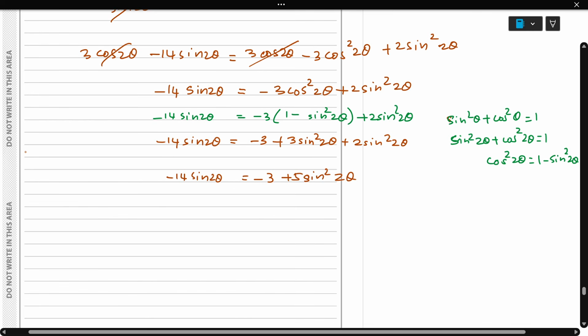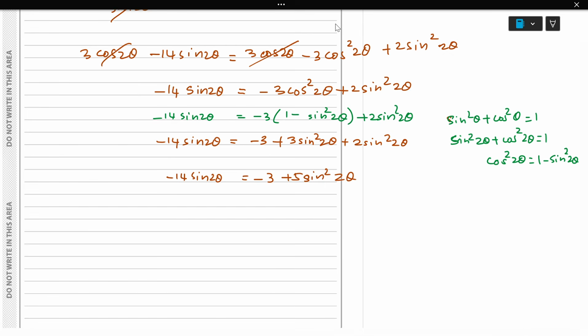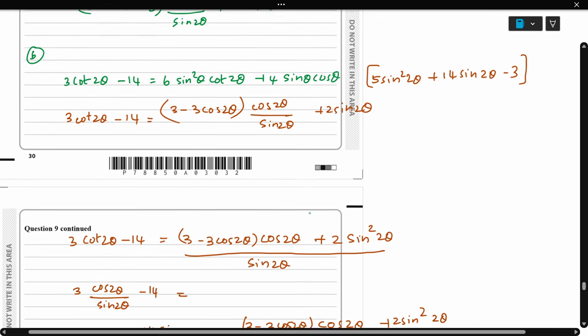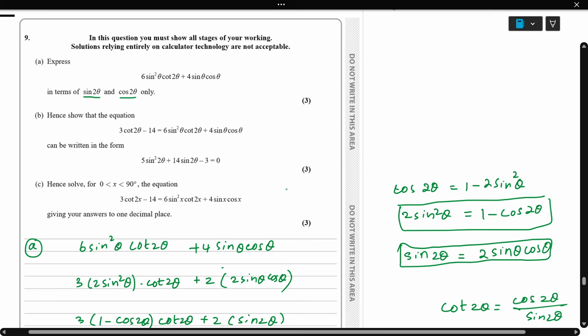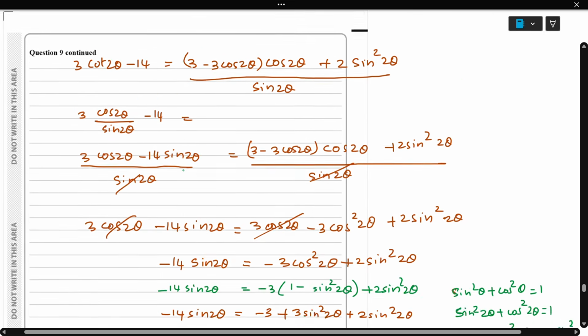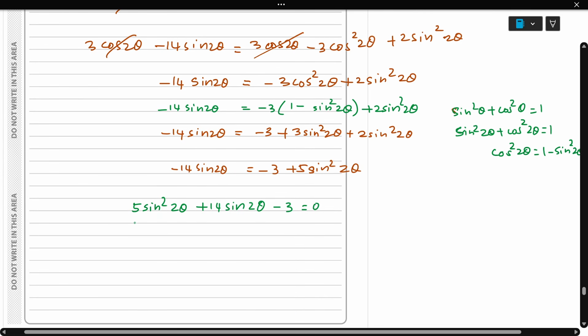We'll rearrange everything to one side. I'll bring the 14 to the other side and we get 5 sin² 2θ plus 14 sin 2θ minus 3 equals 0. This is the required part in part B.